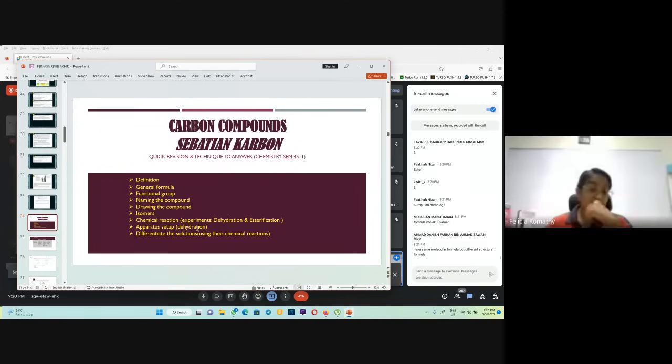And then you must be able to differentiate the solutions given based on the chemical reactions. Let's say one is carboxylic acid, one is alcohol, another one is alkane, but they have missed out the label. They ask you to identify which one is the carboxylic acid, which one is alkane, and so on. For this type of question, you have to use chemical reactions to differentiate them.